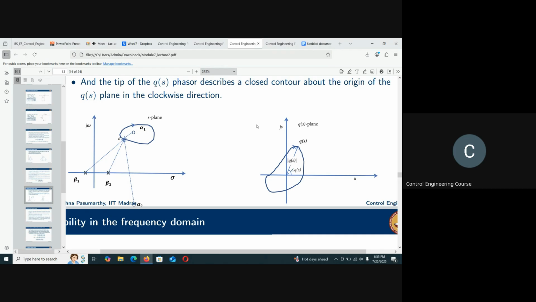So the point alpha gets mapped to the origin under S minus alpha. Any encirclements about alpha in the S plane will translate to encirclements around the origin in the Q of S plane because of the displacement by alpha.